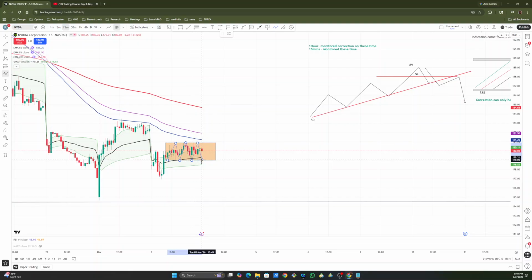So if I was to get into this trade, I'm not gonna get in until we have a new price. Either we break above, we rebound, then this is gonna be my entry.